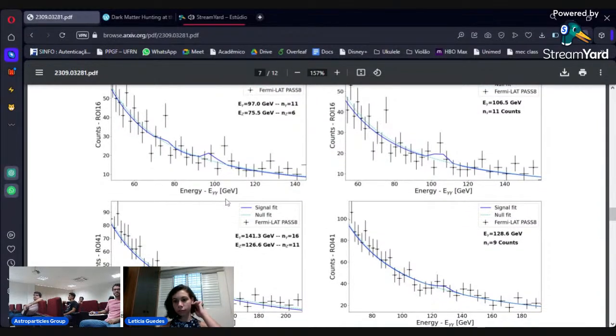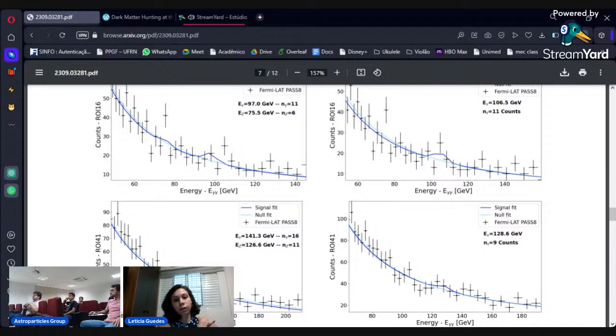But it's interesting nonetheless, because this excess in the galactic center is actually pretty old. I think it's from 2012 or something like that. It was first discovered in 2012. And up till now, there hasn't been another way to explain this excess besides dark matter.